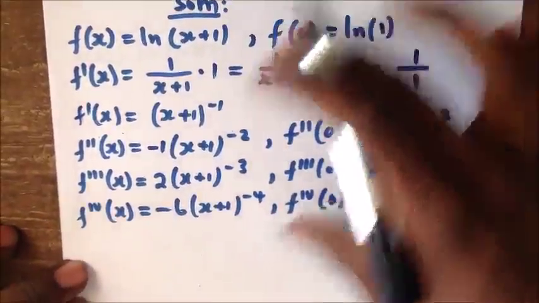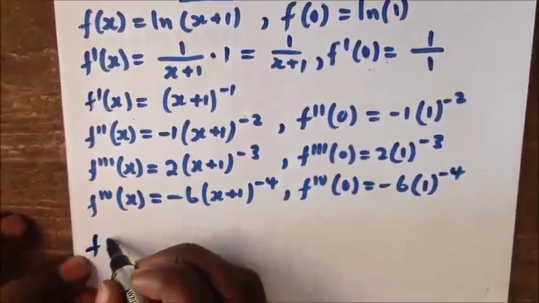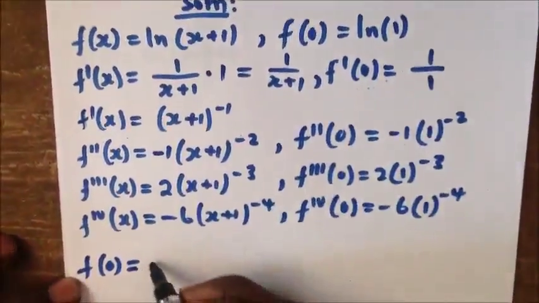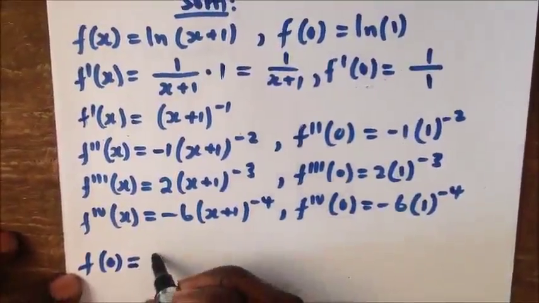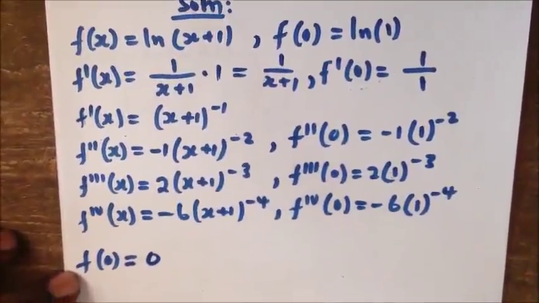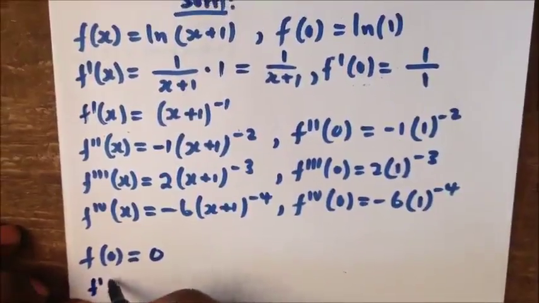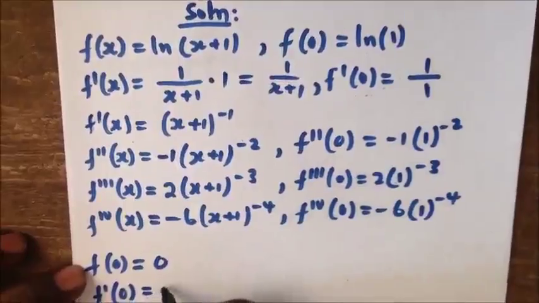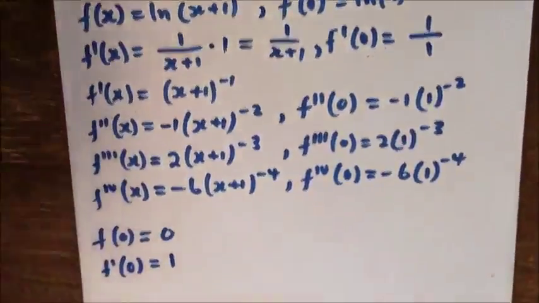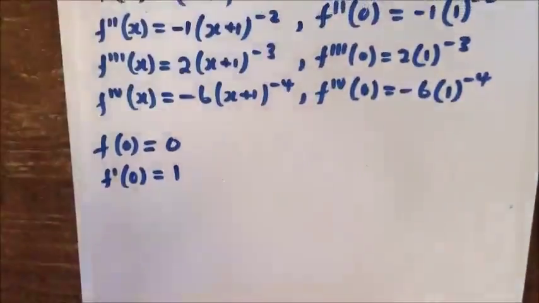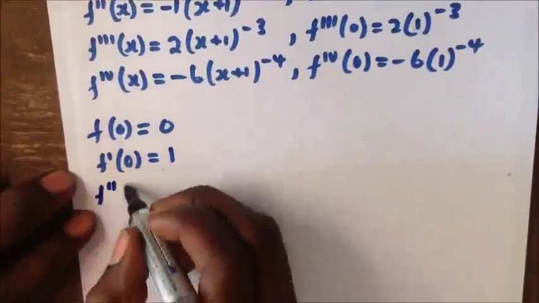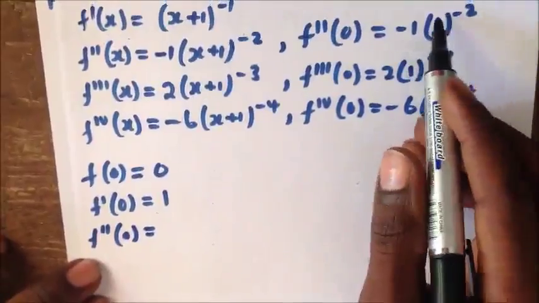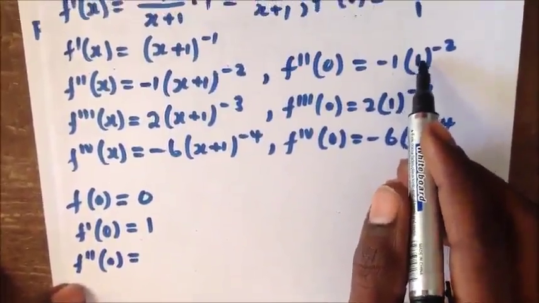Let's bring this down. Then our f of 0 is equal to ln 1. ln 1 is equal to 0. Then f prime of 0 is equal to 1 divided by 1, which is 1. The second derivative, f double prime of 0, is equal to minus 1 multiplied by 1 raised to the power negative 2.